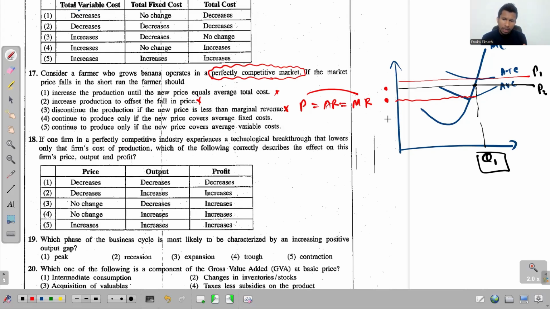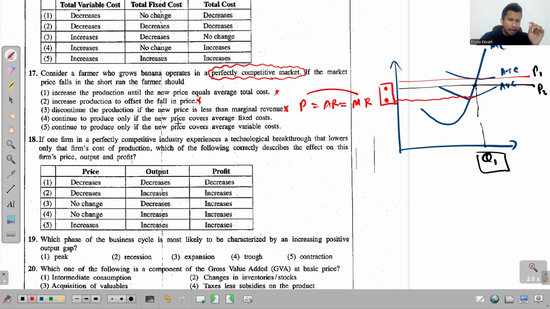There's a positive surplus between the price that he receives from the market and whatever the variable cost incurred to produce that product. So the farmer can now use that surplus to cover his fixed cost.